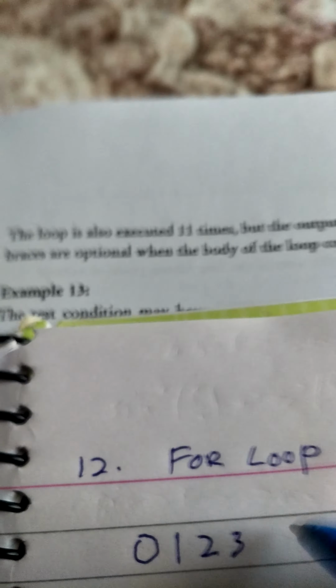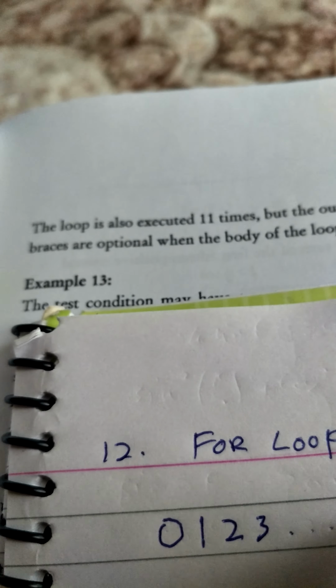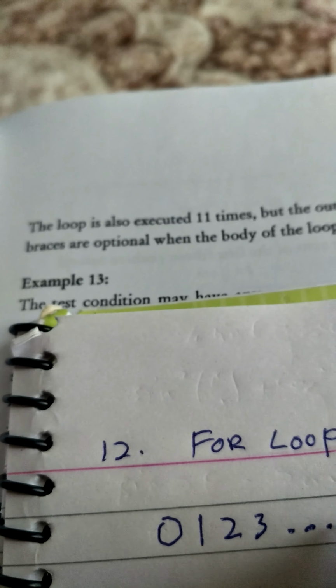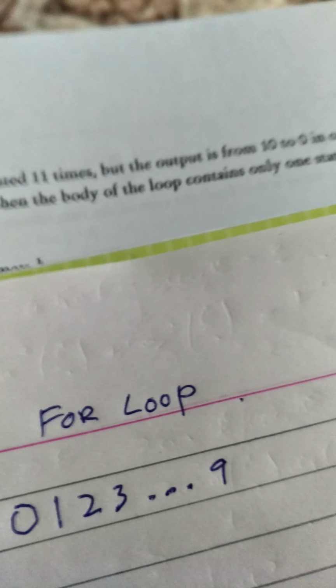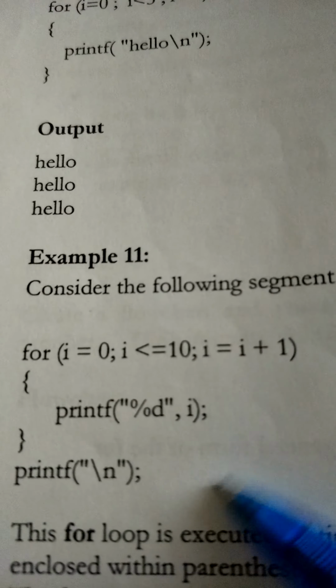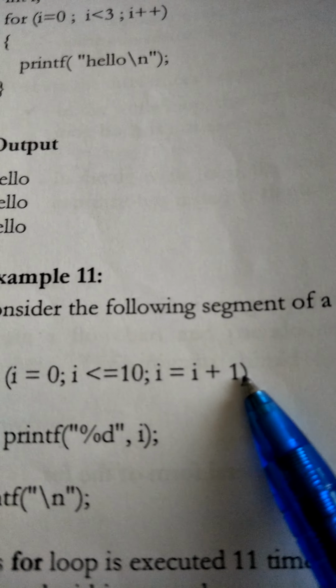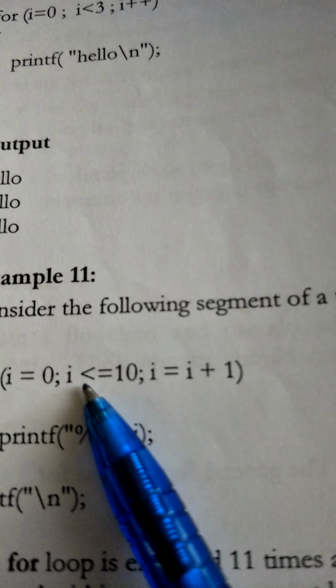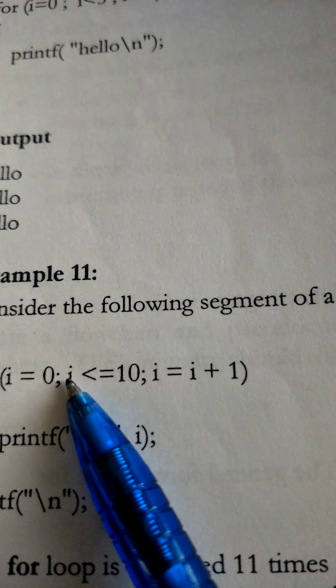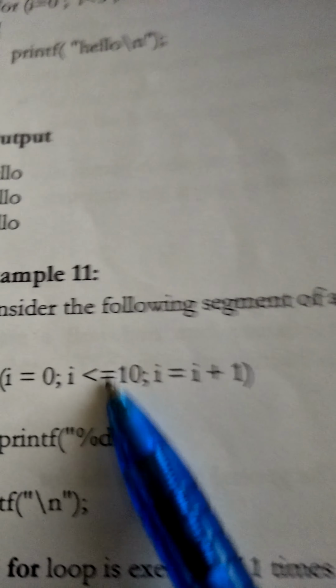Then the process continues until, let's say, you got 9. The value of I is 9. 9 plus 1, you got 10. Check 10 less than or equal to 10. Yes, because we have equality there.